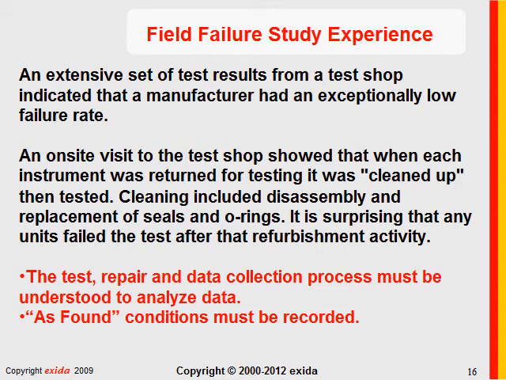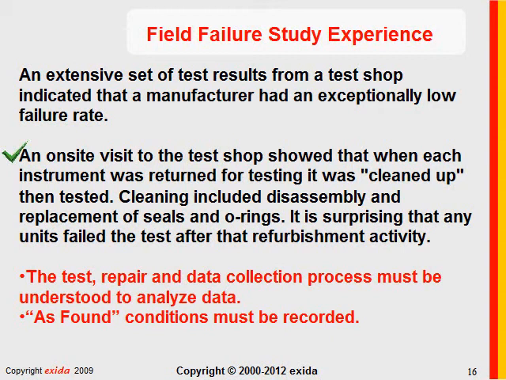And the results record the number of units in the field and number of operational hours were well recorded, and the number of units that failed the proof test, which was done every year, was carefully recorded. And that data was analyzed to come up with a failure rate. And this particular shop had particularly low failure rates. Of course, that is a red flag.